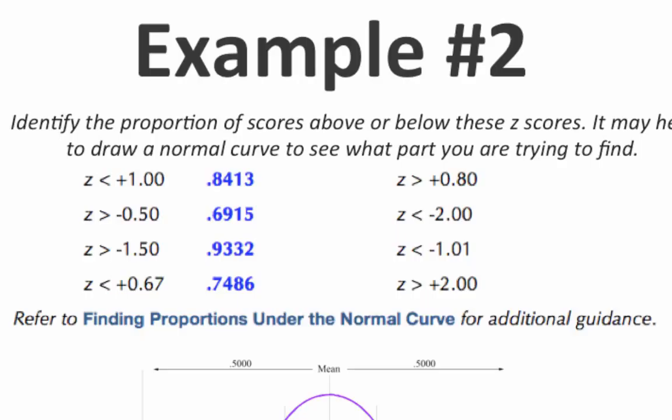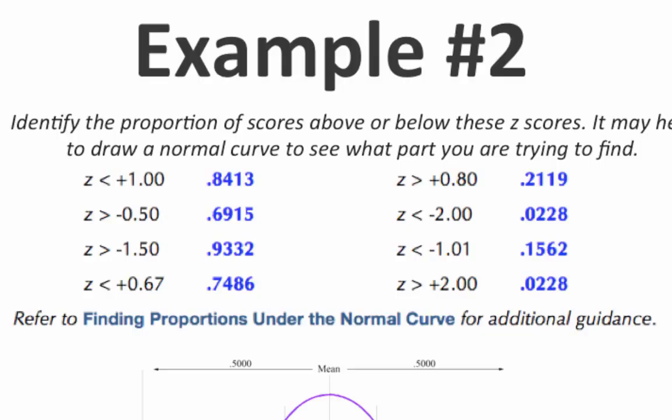For a value greater than 0.80, 0.2119. Less than negative 2, 0.228. Less than negative 1.01, 0.1562.